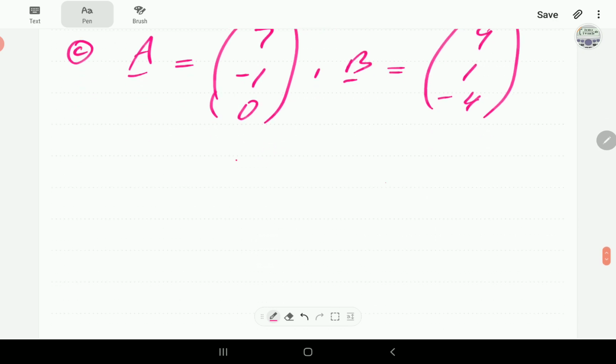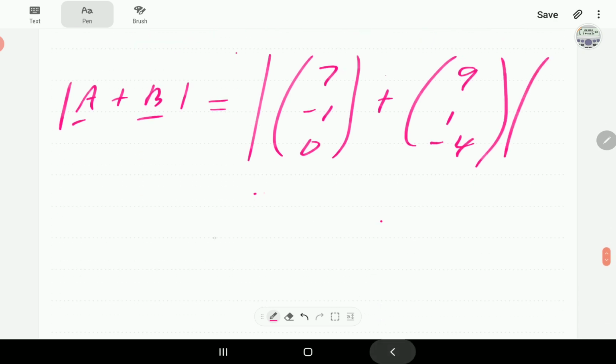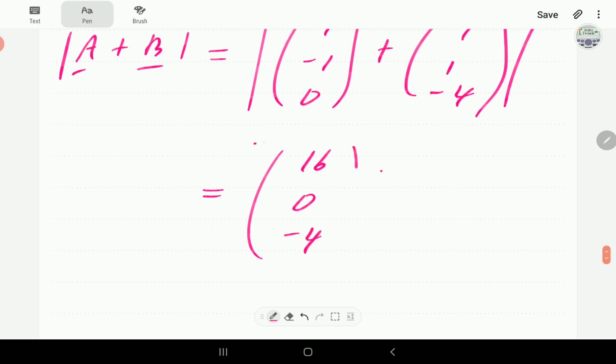So for the magnitude of A plus B, I'm going to write this as (7, minus 1, 0) plus (9, 1, minus 4), and then we take the magnitude. 7 plus 9 is 16, minus 1 plus 1 is 0, and this is negative 4.